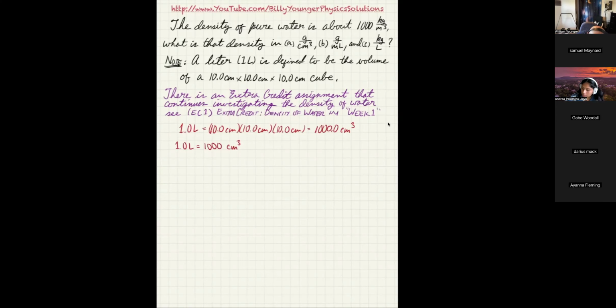That also means that 1 milliliter equals 1 times 10 to the negative 3 liters, which equals 1 times 1 over 1,000 liters. So a milliliter is 1/1000th of a liter.